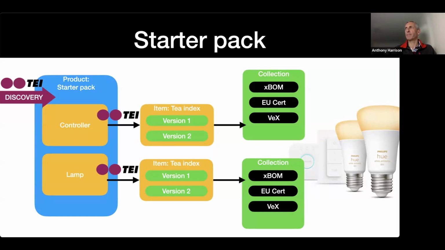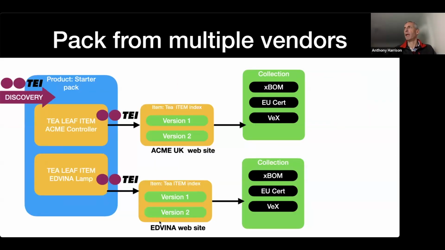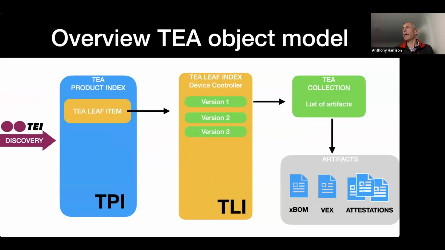Next slide, please. That's basically very much the same, I think, just saying where you may be getting the index from different sources, different websites. So yes. Okay, next slide.